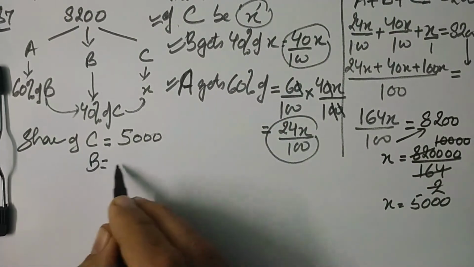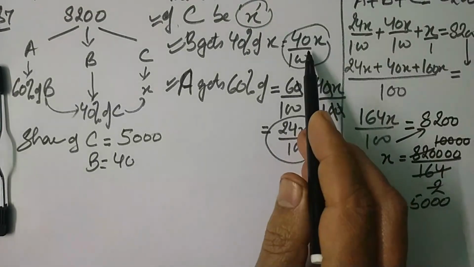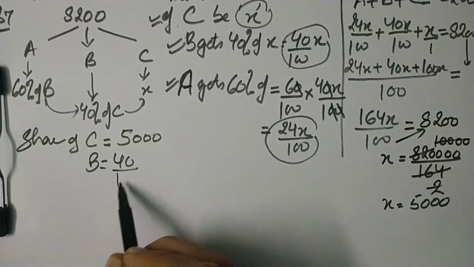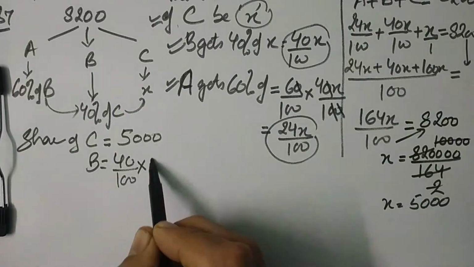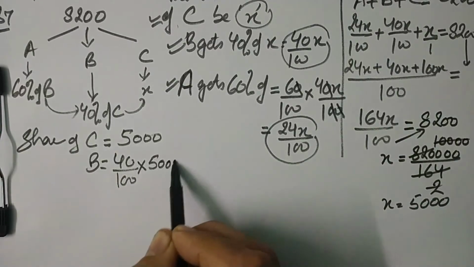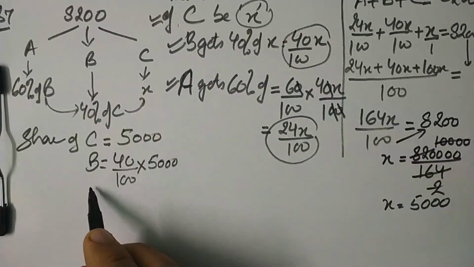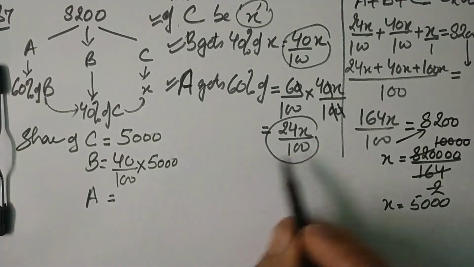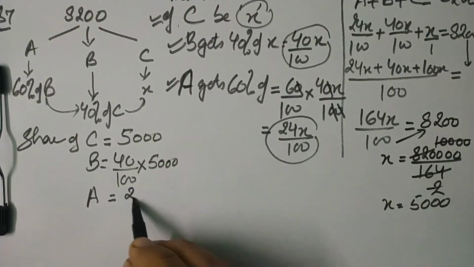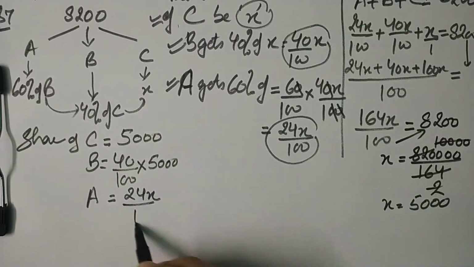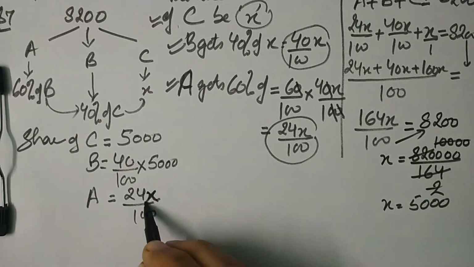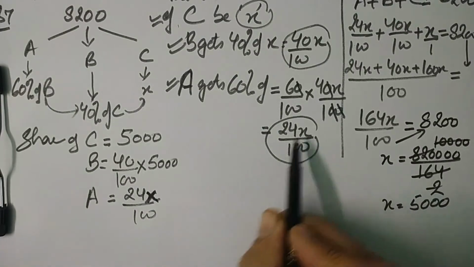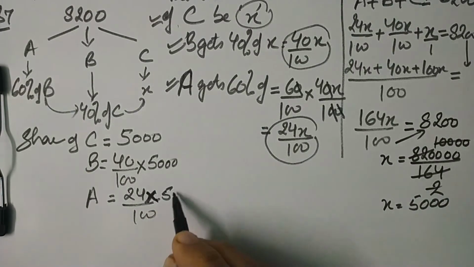B will become 40x upon 100, means 40 into x, and A will become 24x upon 100, means 24 into x. X gave 5000.